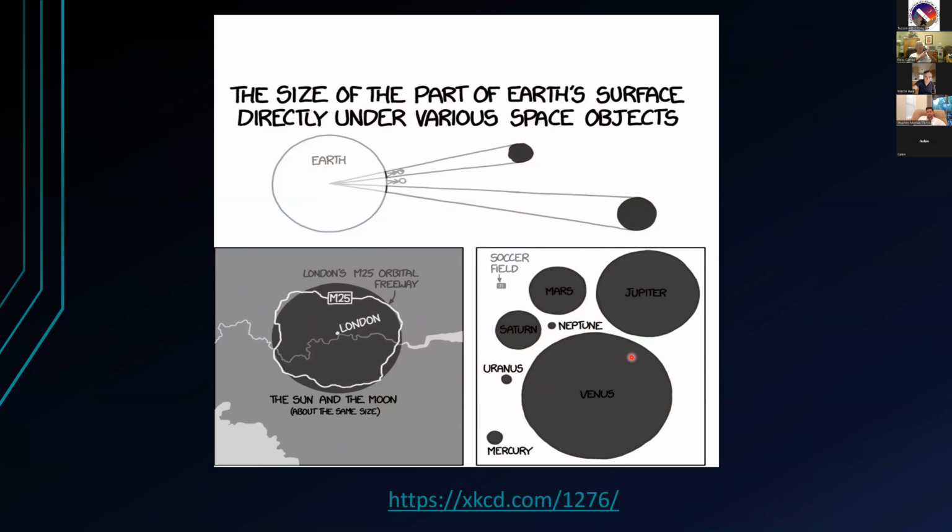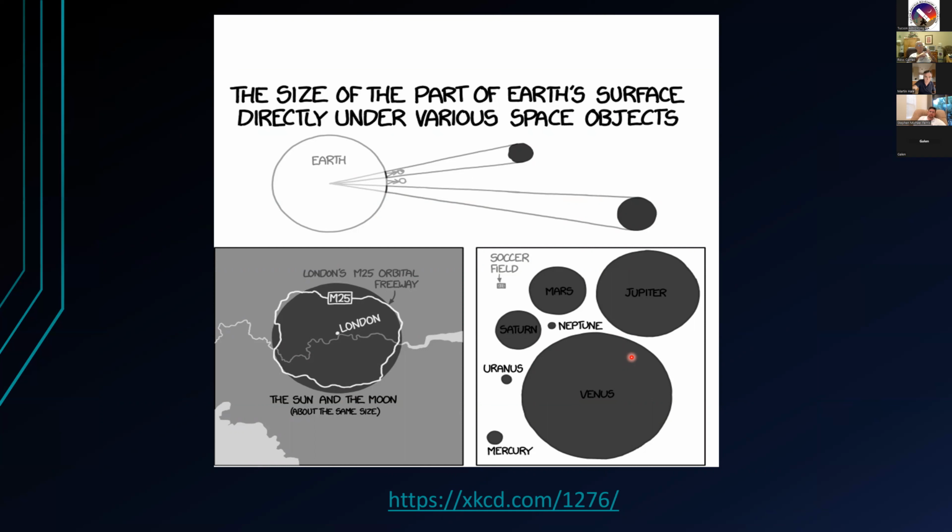One of my favorite comics is XKCD, and I will have a couple of these sprinkled throughout the presentation, mostly because I find them funny. So this is a diagram of what you would see if you were to see the shadow cast by other objects in our solar system, like, say, Jupiter, showing their relative sizes compared to everyday objects. On the left-hand side, we see the shadow of the moon as cast on the Earth, in this case, using London as an example.